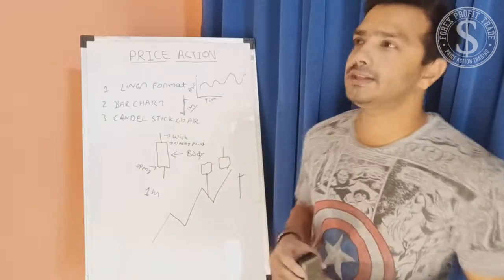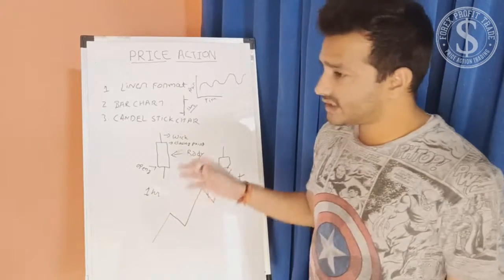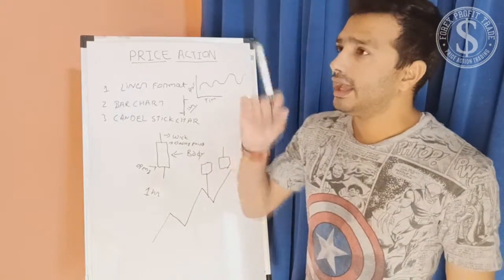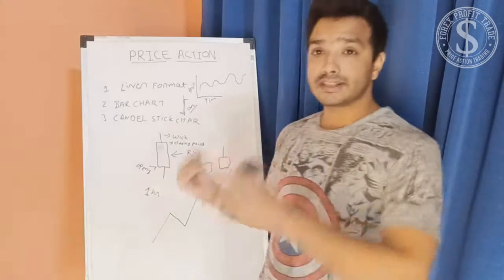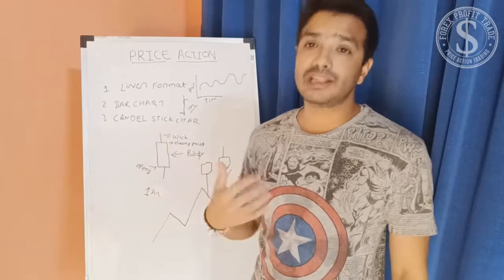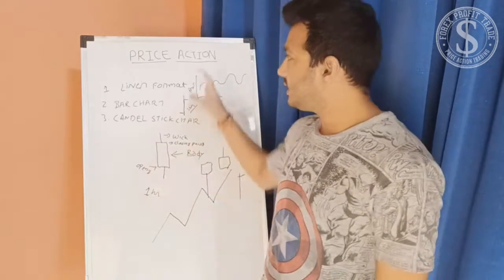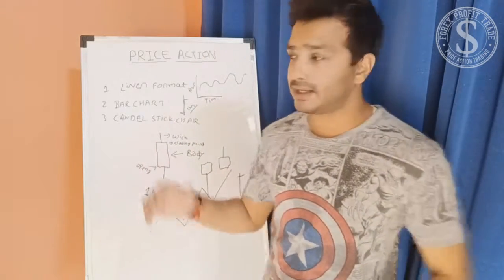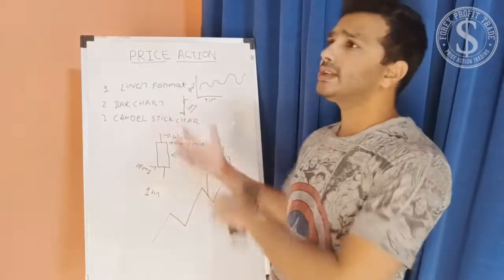You also have to consider that just because this is an inside bar, or just because this is an outside bar, those who call themselves price action traders, when they see an inside bar or outside bar, jump into the trade and the trade goes against them.